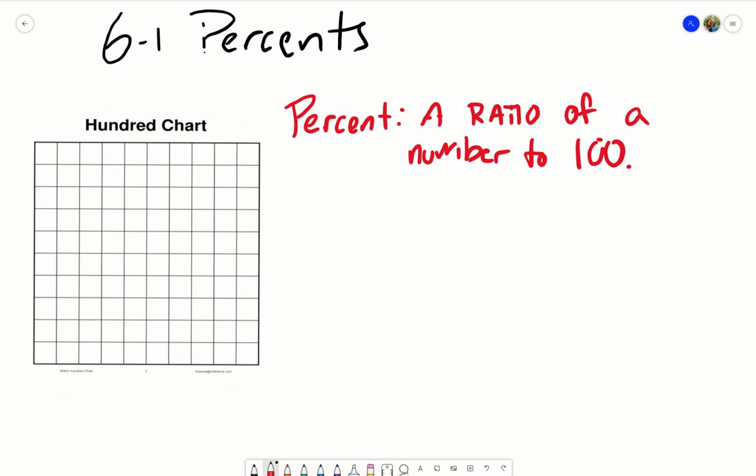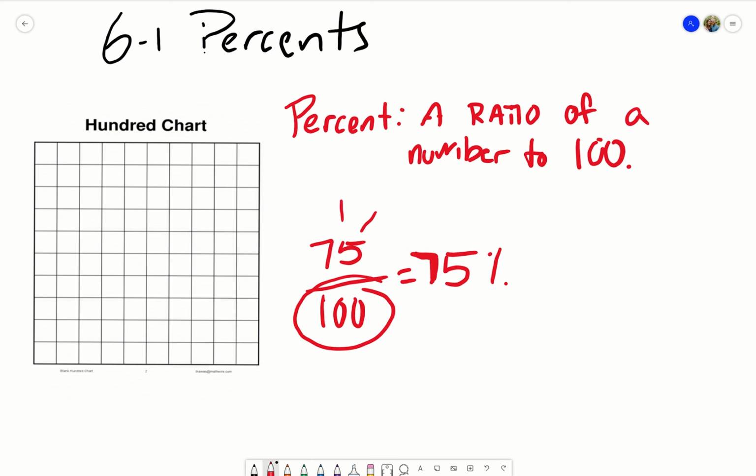So if your homework is out of 100 points and you get a 75, you get a 75%, right? So the percent is when our fraction or when our ratio is out of 100, the top number here is our percent. And so percents are just comparing things to 100. Any and all the time, comparing things to 100.